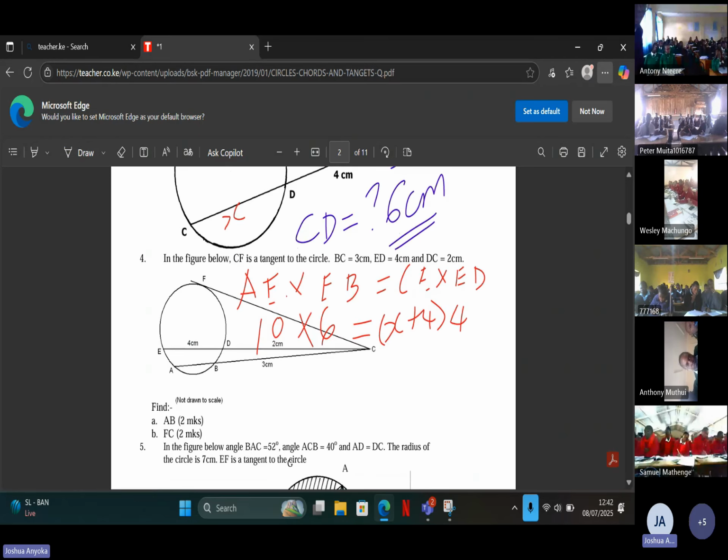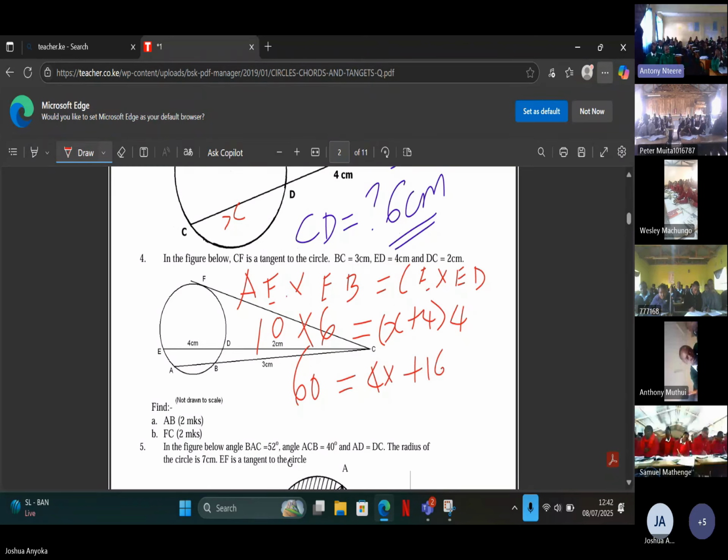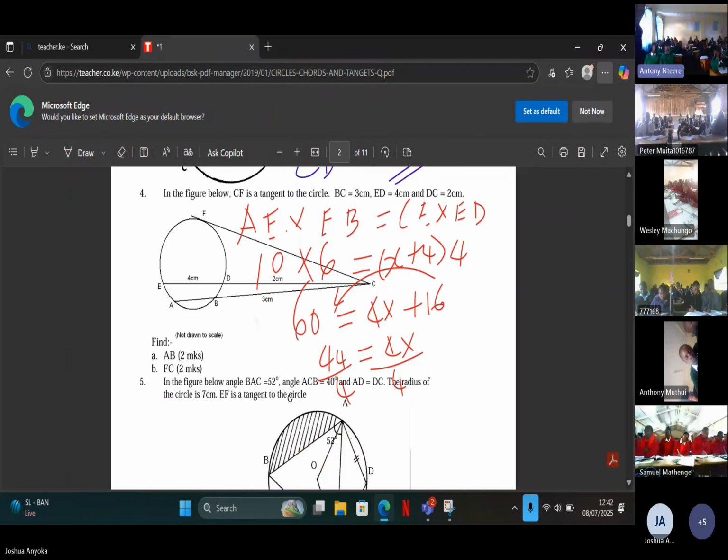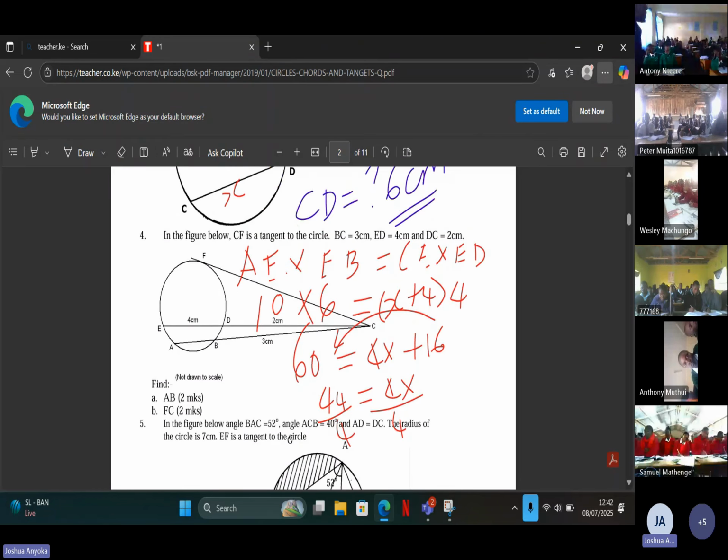Okay, let's evaluate what we have. This is 60 equals 4x plus 16. We take 16 to the other side, we get 44 equals 4x. Divided by 4, divided by 4, x is equal to 11.